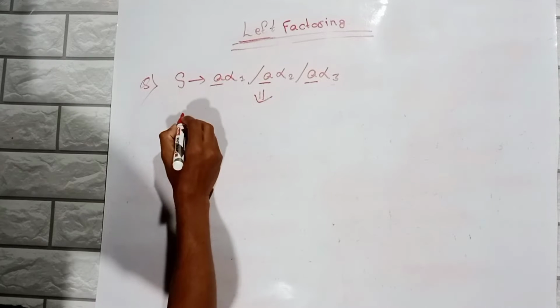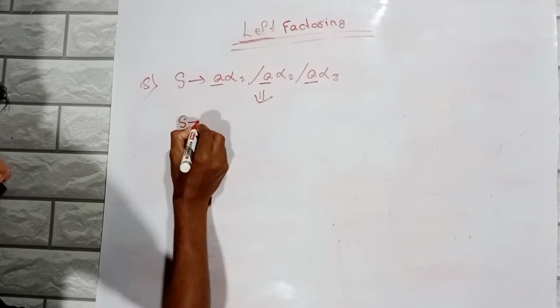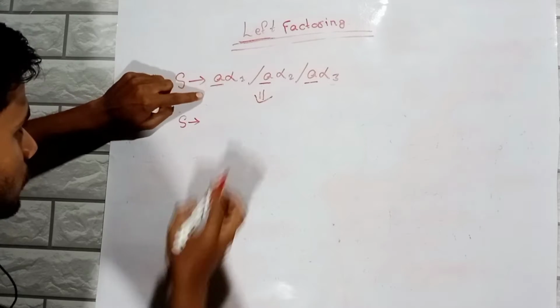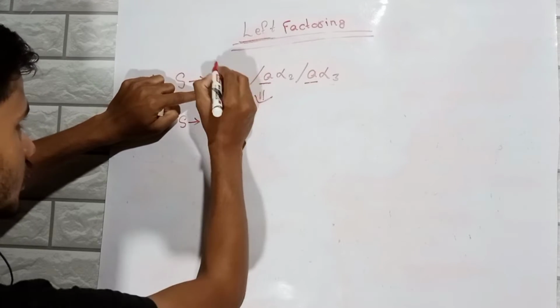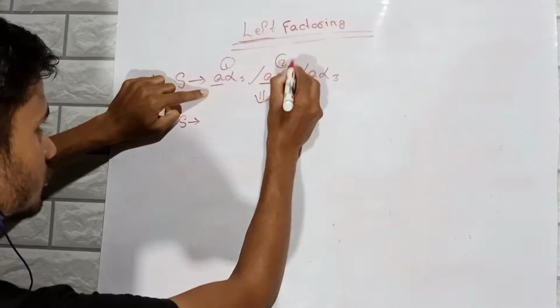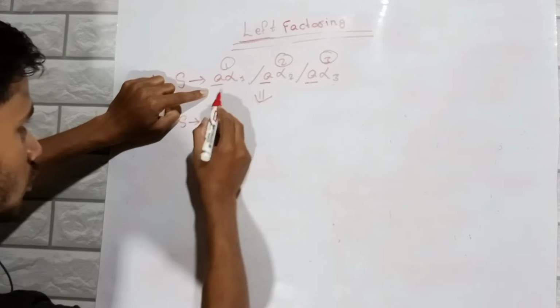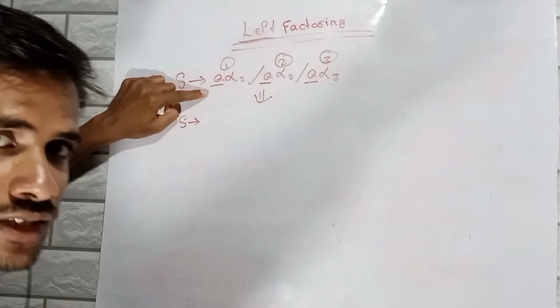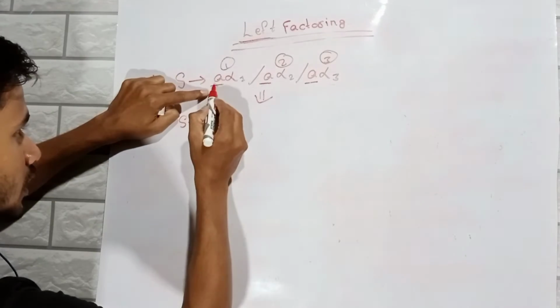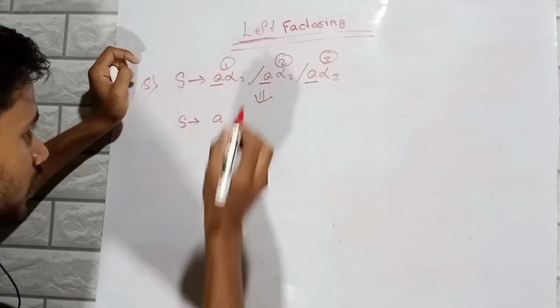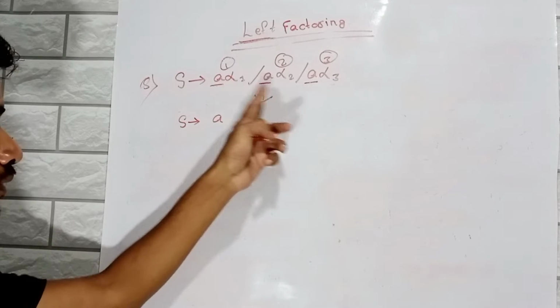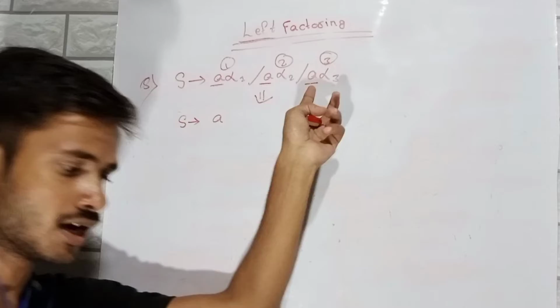That is why we have to remove the left factoring from this given grammar. For that, I will write S goes to the common thing that is present in every production, that is in production number 1, 2 and 3. The common thing from the left side is A and A, so I will write S goes to A. And the next things are alpha 1, alpha 2 and alpha 3.